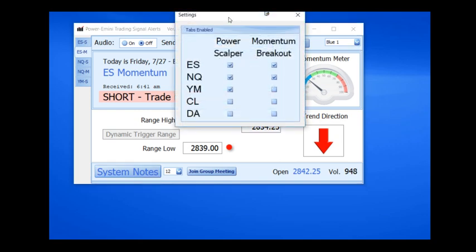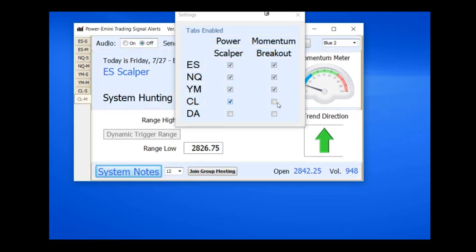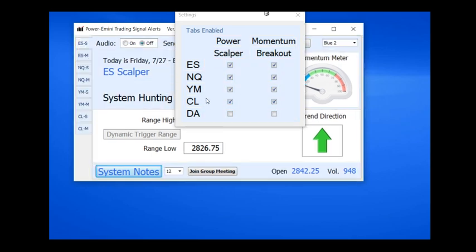The settings screen is where you go and turn your symbols and page tabs on and off. Okay, now as I mentioned in the other video, yes, you can turn them all on, but if you're doing that, then you're going to be driven crazy and get lots of audio and lots of stuff popping to the top. And so here's a tip for you.